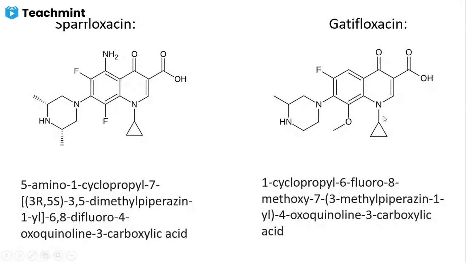So what is the IUPAC name of the gatifloxacin? 1 cyclopropyl, 6 fluoro, 8 methoxy, 7 dash 3 methyl piperazine 1 YL, then 4 oxoquinoline, 3 carboxylic acid. So that is the gatifloxacin.